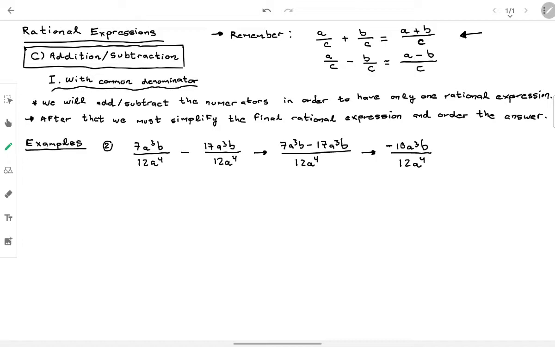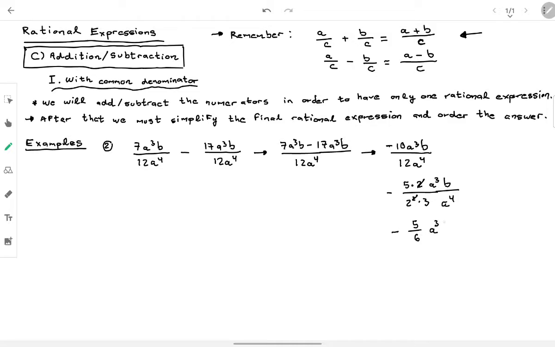Here we can do the prime decompositions of the numbers. Minus divided by plus is going to be minus. The 10 is 5 times 2, and the 12 is 2 squared times 3. It's going to be a cubed b, and a to the 4. What will happen next? These two with these two will disappear. So it's going to be minus 5 over 2 times 3, that is 6.